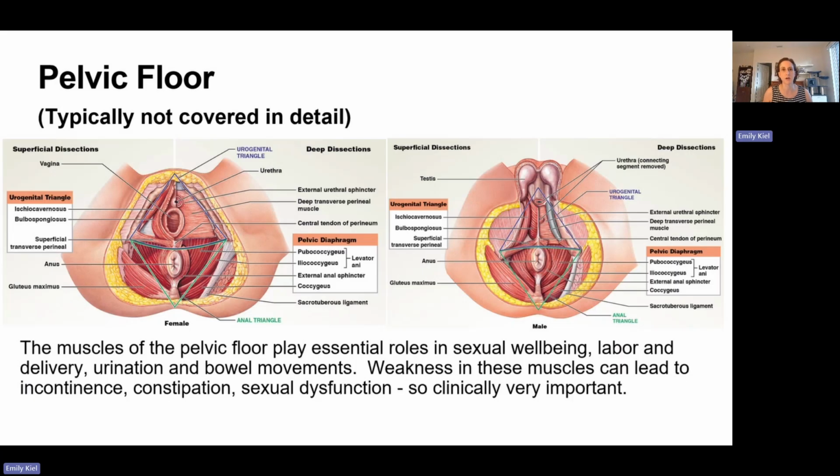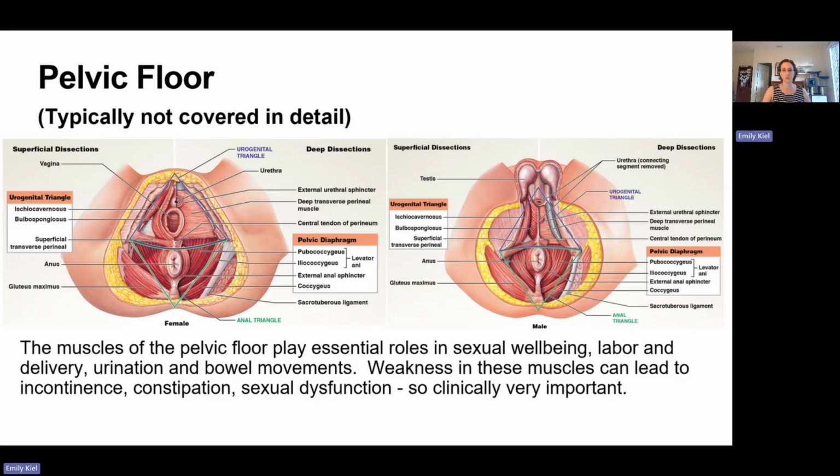These are muscles that can become really weak or torn during labor, and that creates what some of my friends call, you laugh a little bit too hard and you pee. And so lots of physical therapy and medicine is going into how we can strengthen these muscles. And it's not just Kegels.